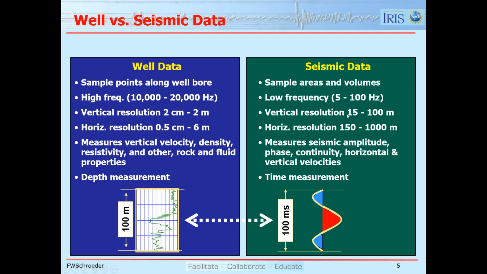Vertical resolution depends on the depth that we're talking about and what the velocities of the rocks are, but the vertical resolution for really good data might be 15 meters, could be 100 meters, could be even 200 meters of resolution. Horizontal resolution, that can be on the order of a couple hundred meters to a kilometer or more.